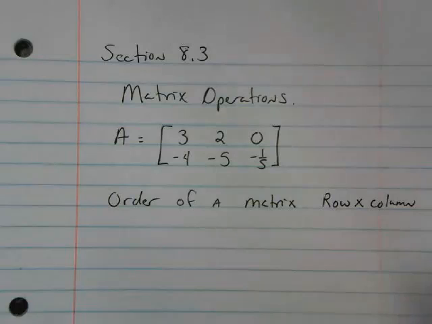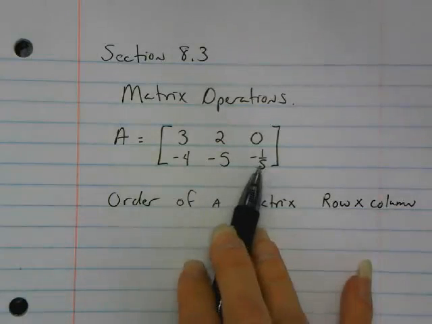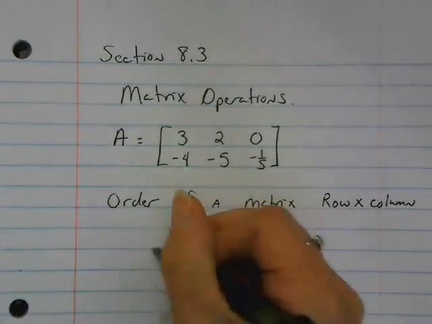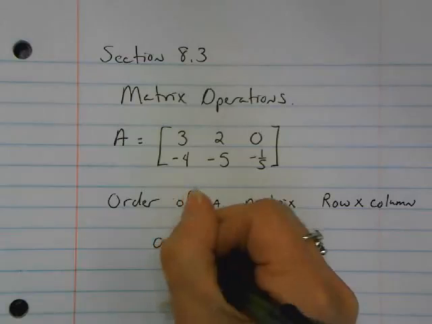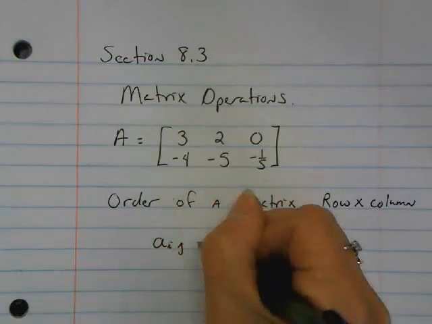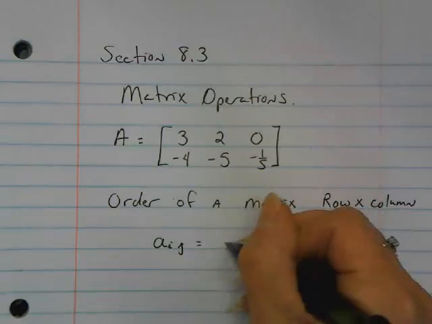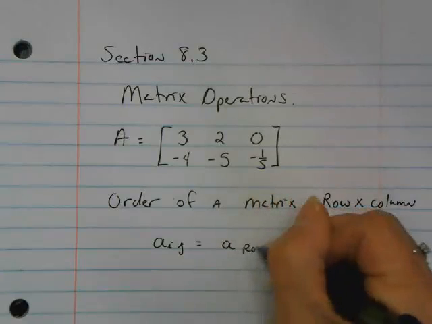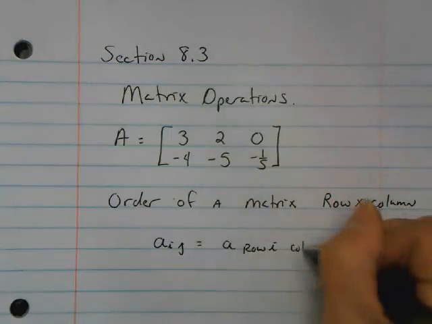Now each element we can identify. If I said I wanted element 23, it would be row 2, element 3. So this would be A, row i, column j.